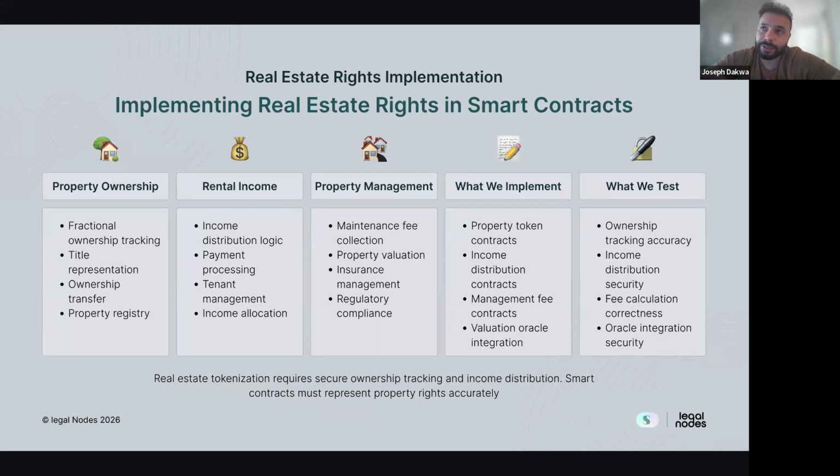Some of that can be handled from an off-chain perspective with the likes of Chainlink, who you may or may not have heard of, but Chainlink aggregates real world data and brings it onto the blockchain when it comes to evaluating blockchain-based assets. And so we test all of those things when it comes to Oracle integration security.